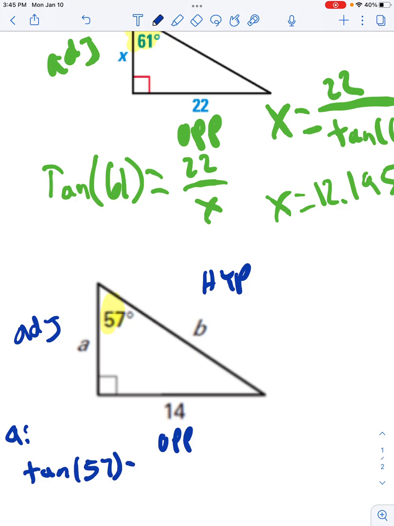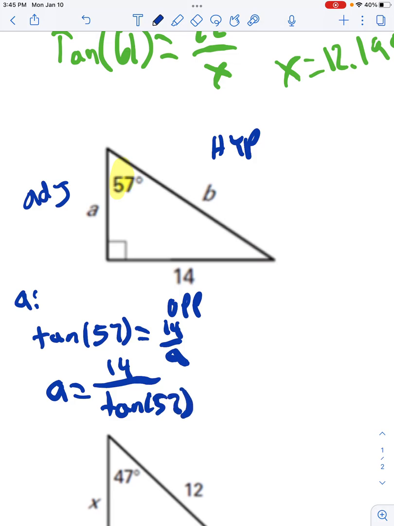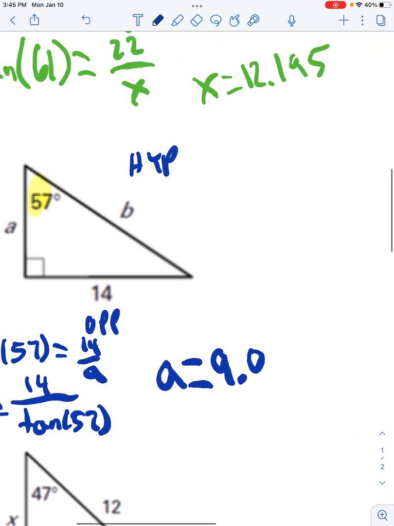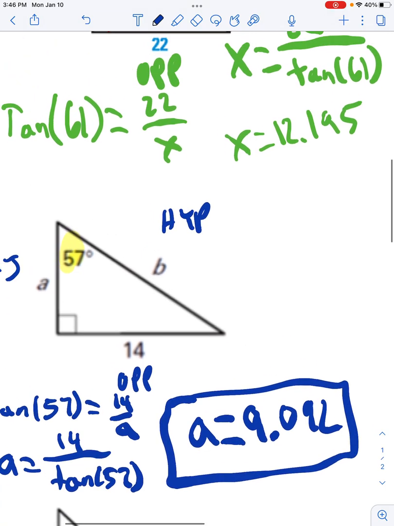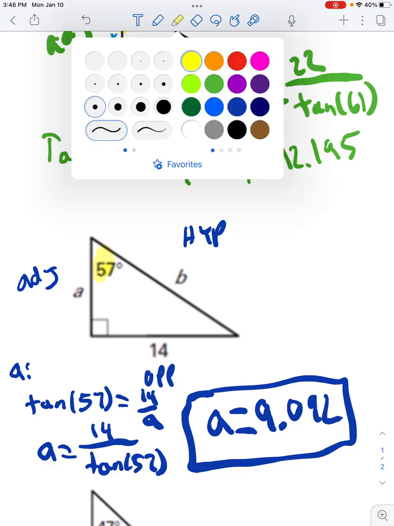Tangent of 57 degrees equals 14 over A. Therefore, A equals 14 over tangent 57. 14 divided by tangent 57 equals 9.092. That's A.